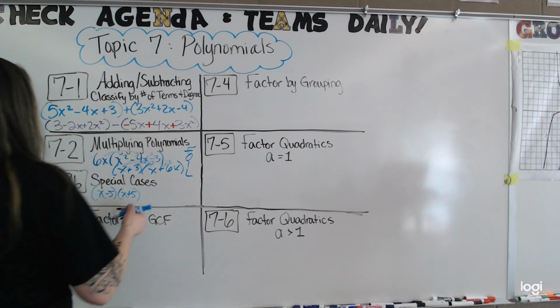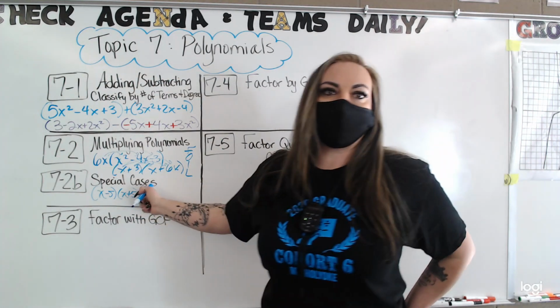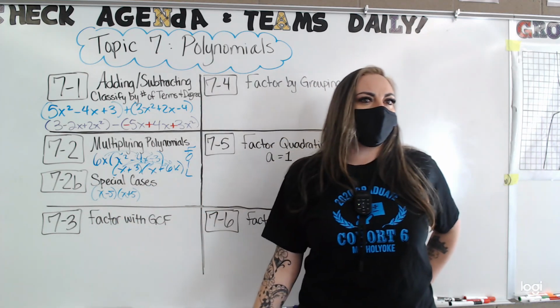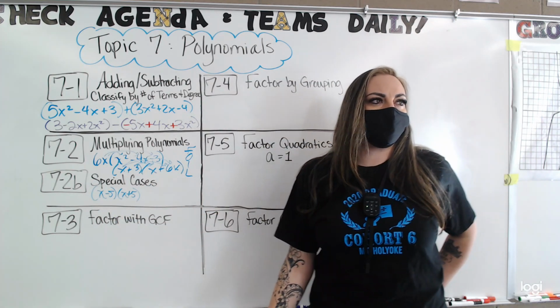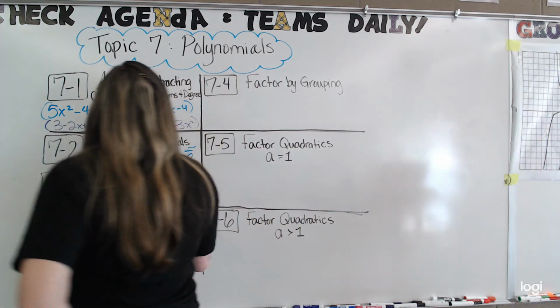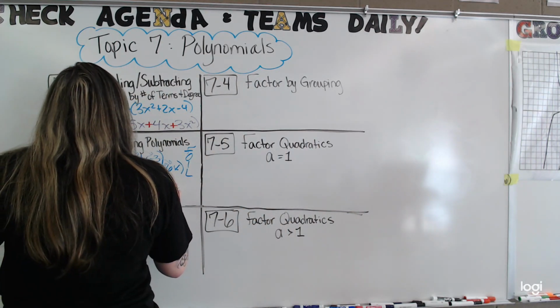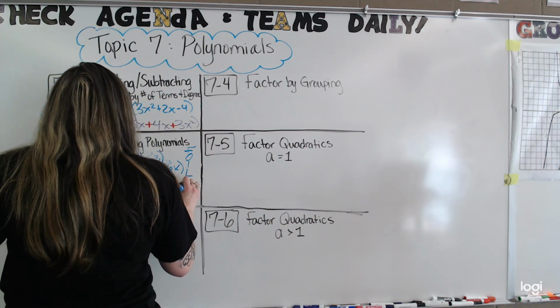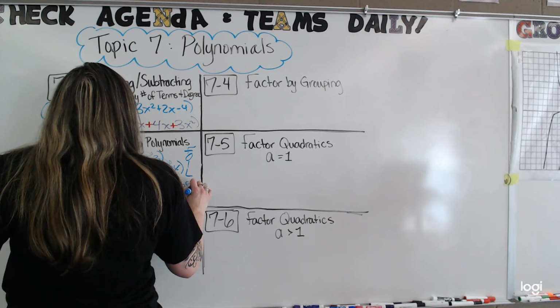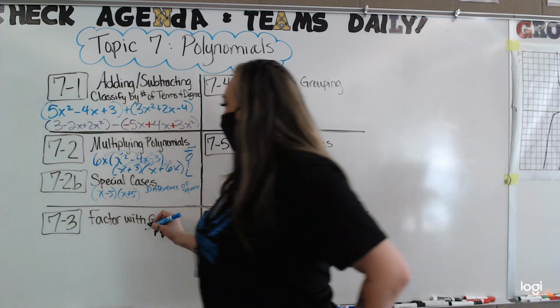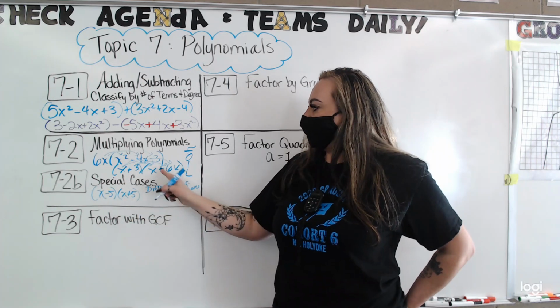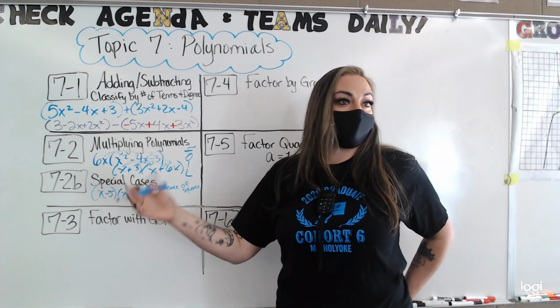And what happens when we multiply that out? What was that called? Difference of squares. Because our inners, our terms with just x, canceled out.